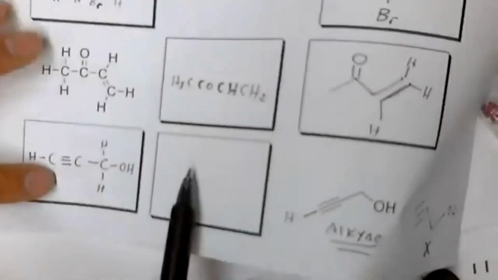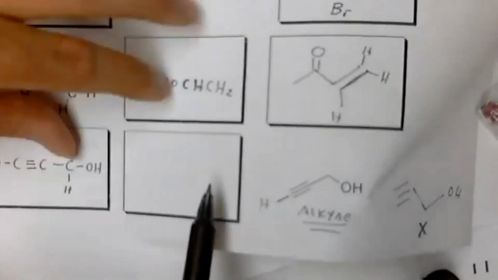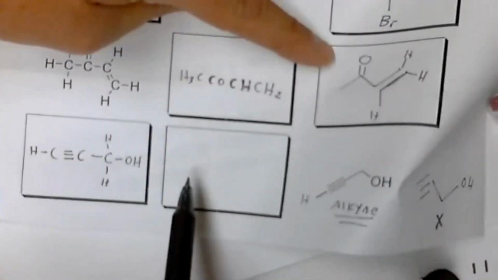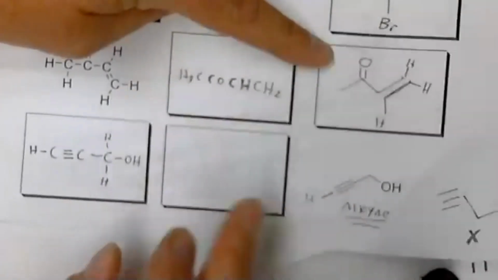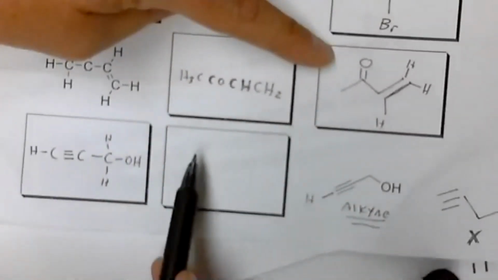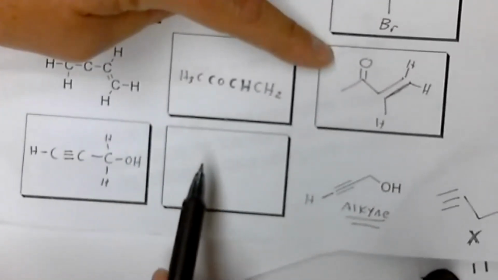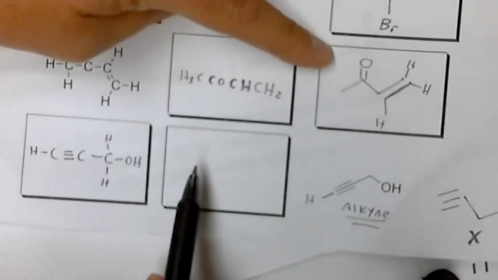The condensed is really not something that's very useful, but for the sake of learning it, maybe it's to learn why it's bad. Some molecules you'll see in your classes will be in condensed format.